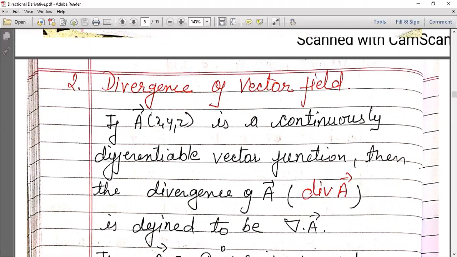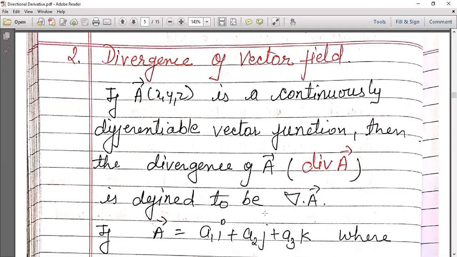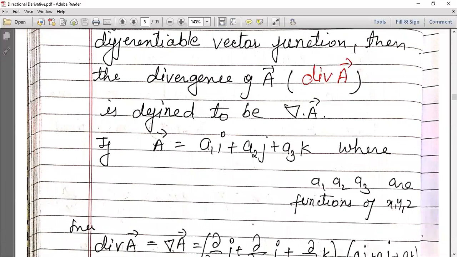If we have a continuous differentiable vector function, then divergence of A, for this defined vector, we have taken a random vector A, A1 i plus A2 j plus A3 k, where A1, A2, A3 are functions of x, y and z. So A1, A2, A3 respectively represent the x, y and z directions.